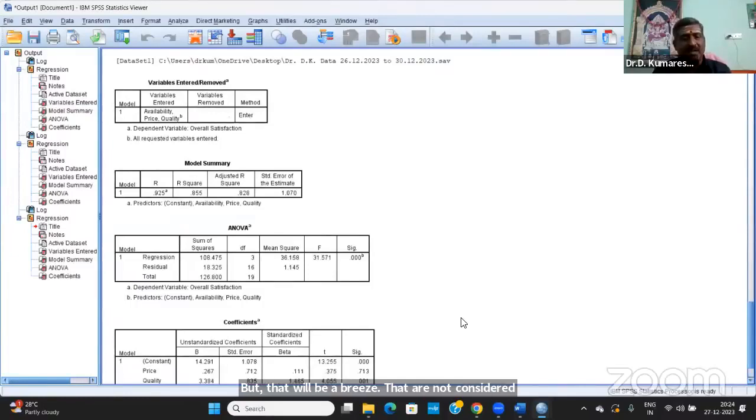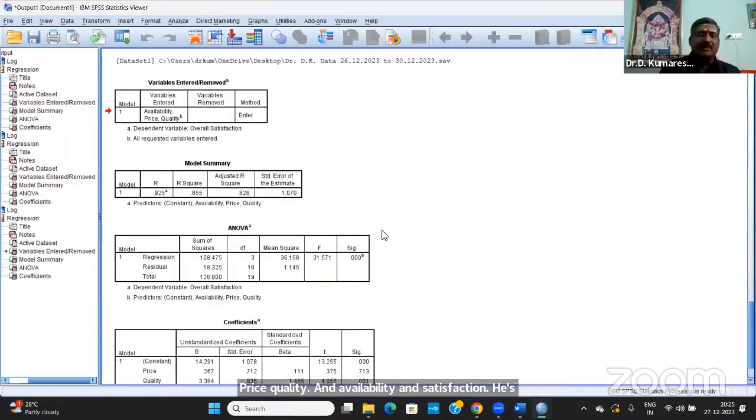Then come to the ANOVA. What is the significance value? 0.000. Significant at 1%. The joint influence of price, quality, and availability on satisfaction is significant at 1%.